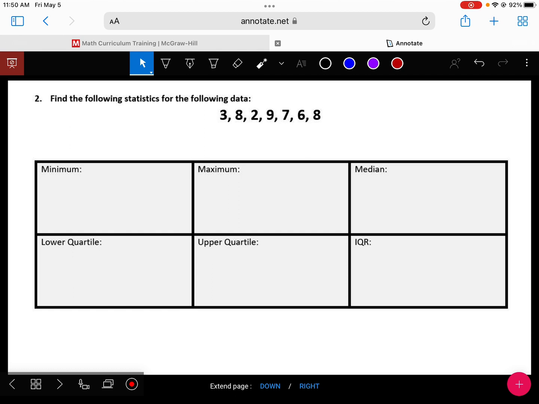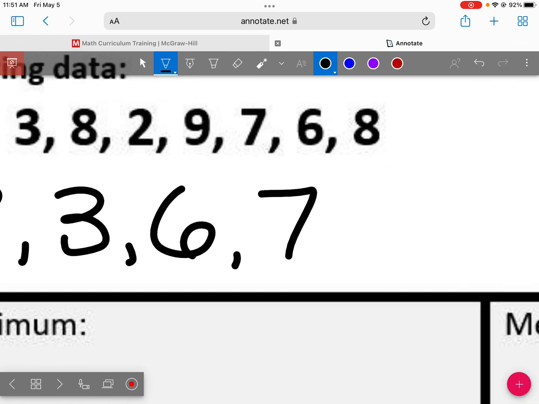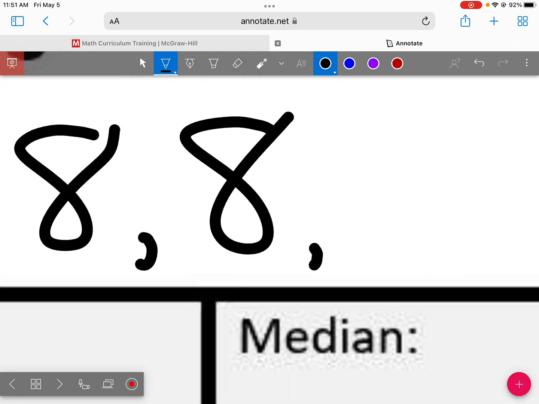All right. What do I have to do to these data values before I can answer any of the top three boxes? Put them in order. So what number would come first if I put them in order, smallest to largest? 2, 3, 6, 7, 8, 8, 9.